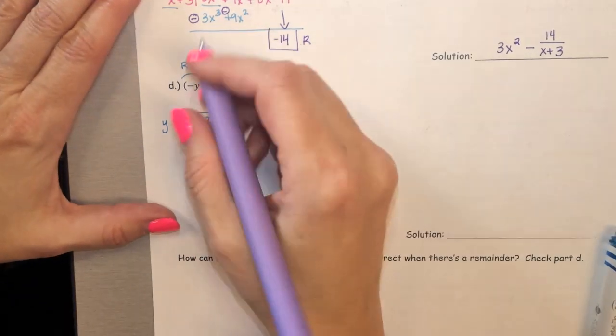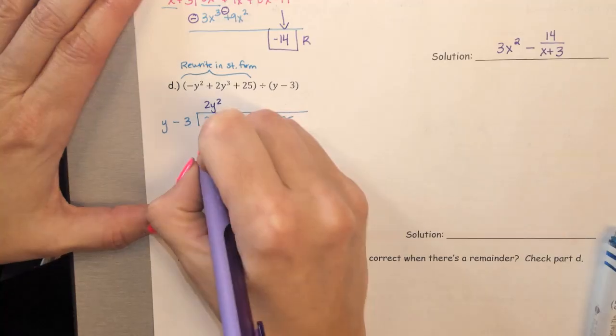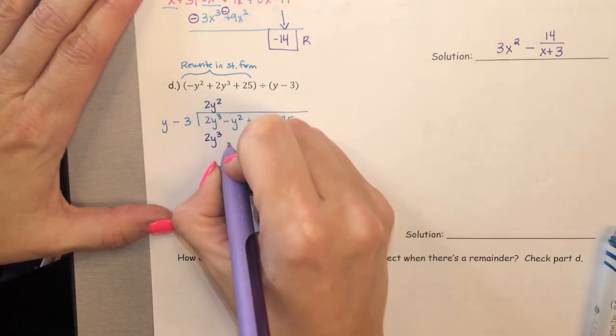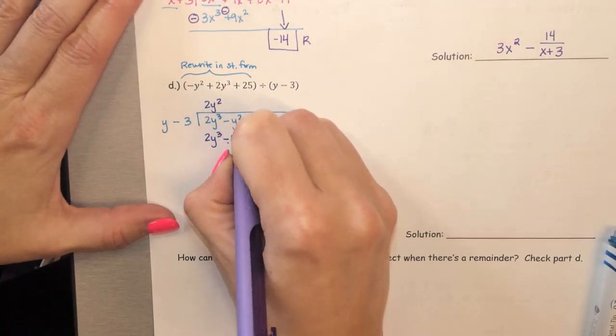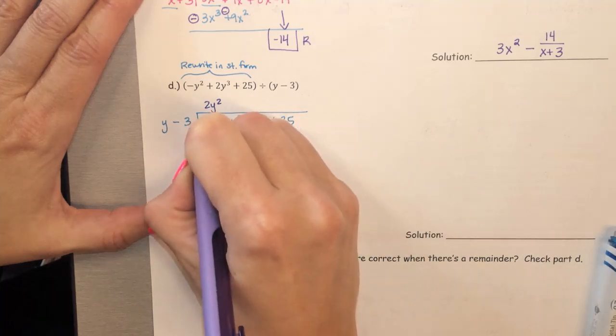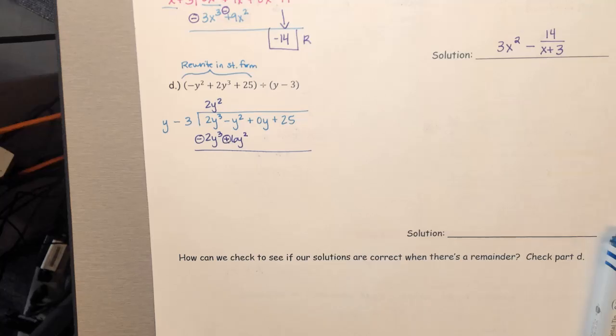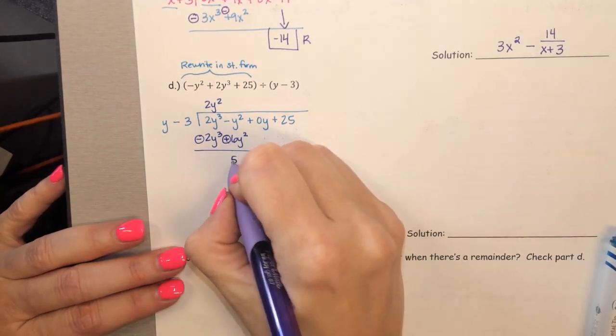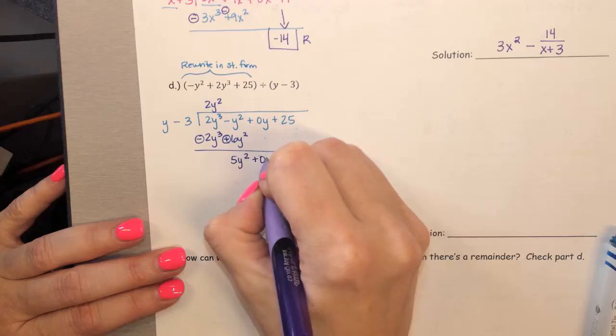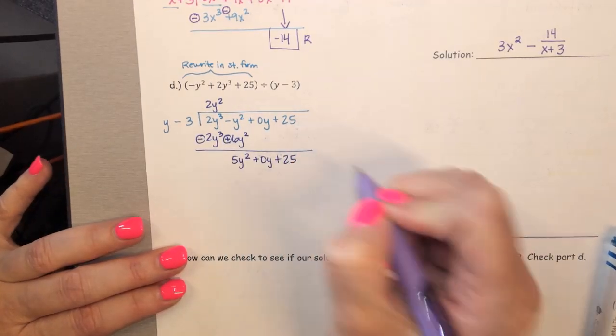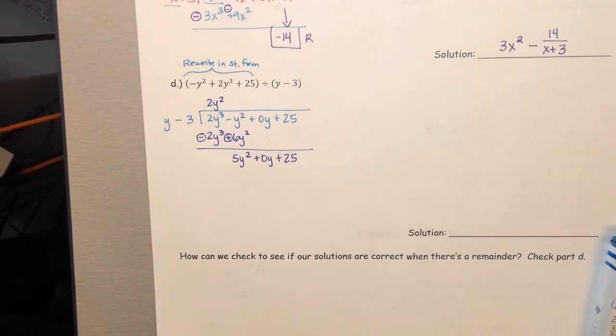And then once we distribute, we get 2y cubed minus 6y squared. Change the sign, circle. Change the sign, circle. Okay, so some of you aren't circling. I really would like you to do that step. You need to have your correct signs here. So now when I add my like terms, I have 5y squared plus 0y plus 25. All of those are going to drop down.